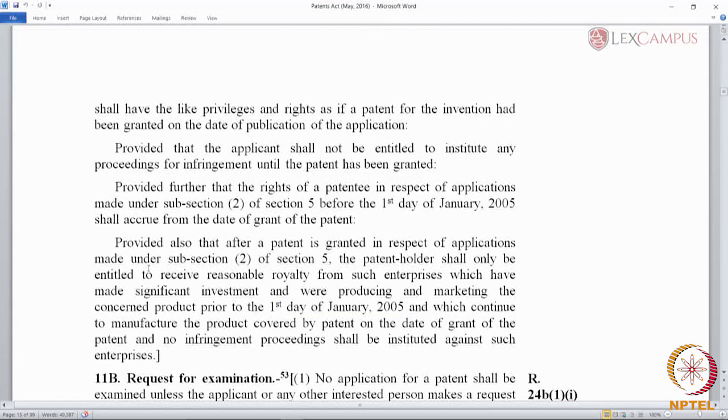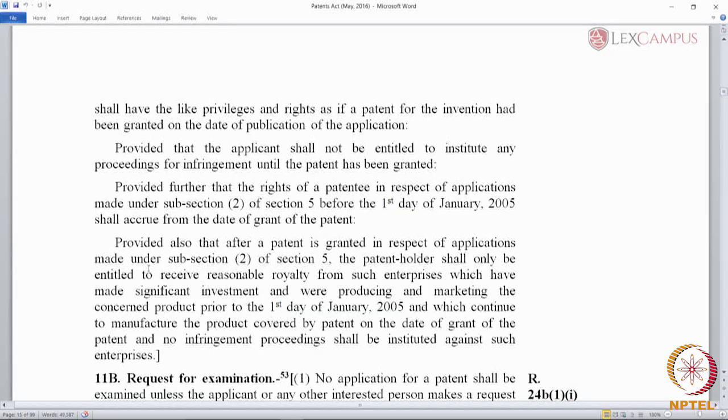Now, this was the scope of section 5(2). Section 5(2) was an arrangement by which you could file mailbox applications before 2005, that is the time between 1995 and 2005, but India was able to only bring that provision by the 1999 amendment.